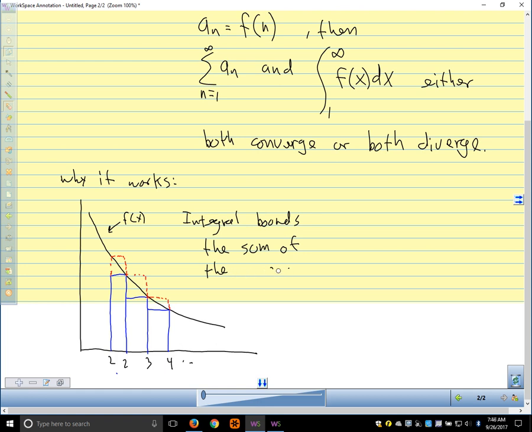It keeps the sequence of partial sums bounded. So the sequence of partial sums is bounded, and because our function is decreasing, it's monotonic. So the sequence of partial sums is bounded and monotonic.